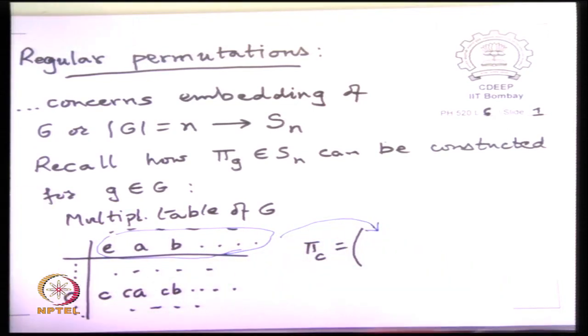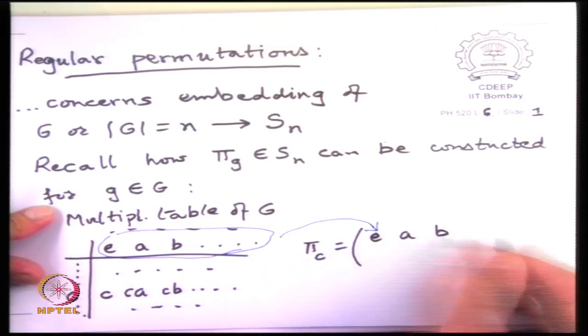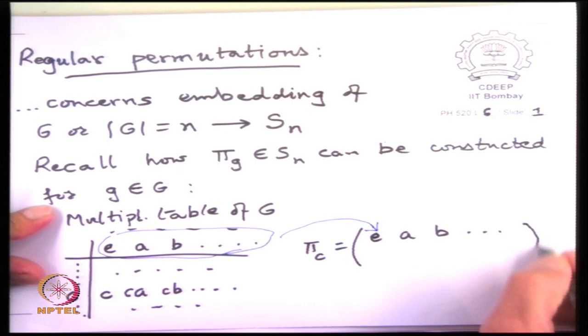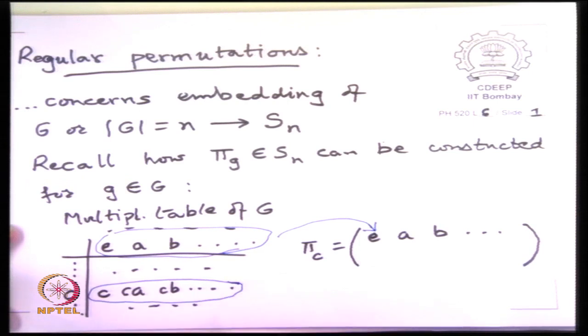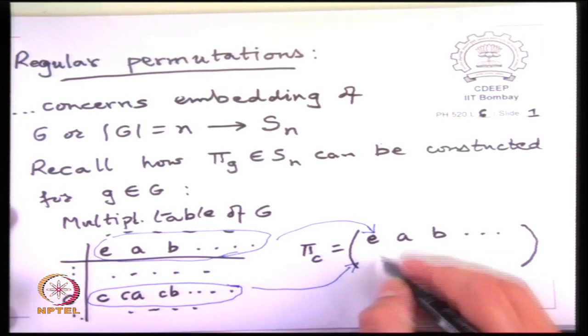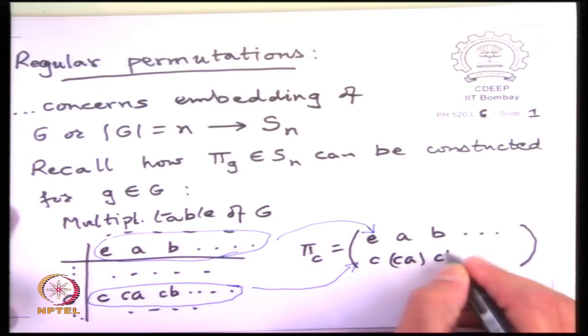We simply write out the unaffected ordering of elements here, and then pick the line corresponding to the multiplication table, corresponding to the row of the element C in the multiplication table, and put it as the second line. That's all you have to do. Okay. So it will become C, CA, CB, etc.